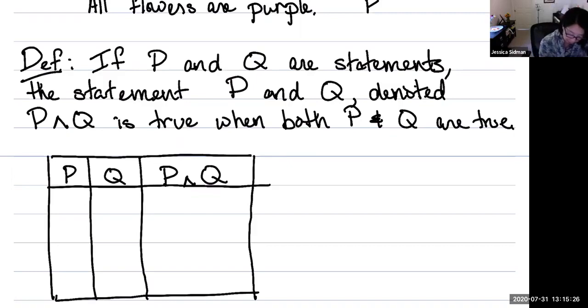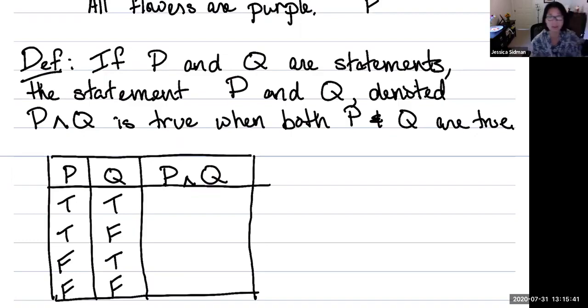So it could be that P is true and Q is true, P is true and Q is false, P is false and Q is true, or P is false and Q is false.